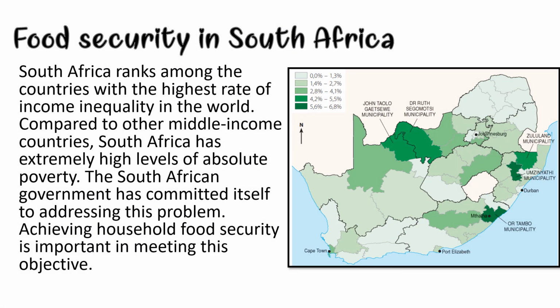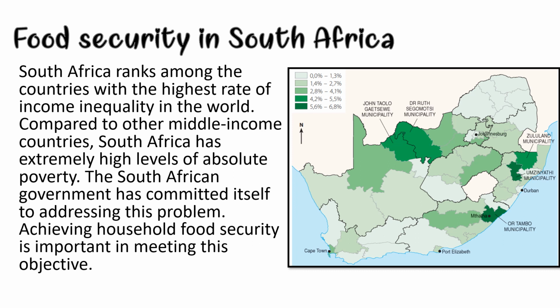Food security in South Africa. South Africa ranks among the countries with the highest rate of income inequality in the world. Compared to other middle-income countries, South Africa has extremely high levels of absolute poverty. The South African government has committed itself to addressing this problem.